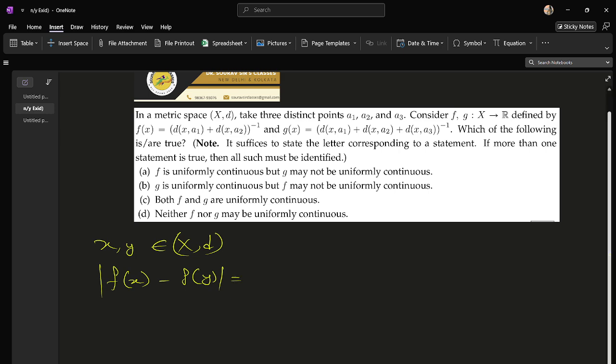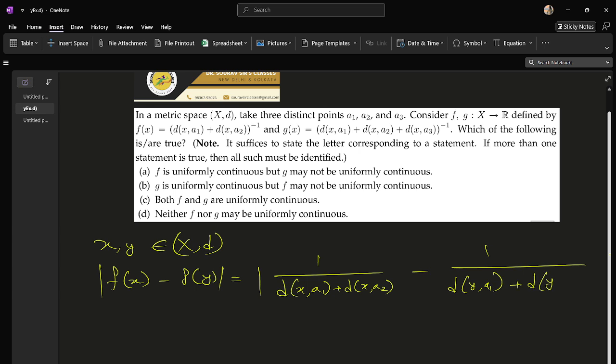Then what we will get after that is the difference of the two reciprocals, with d(y, a1) plus d(y, a2).